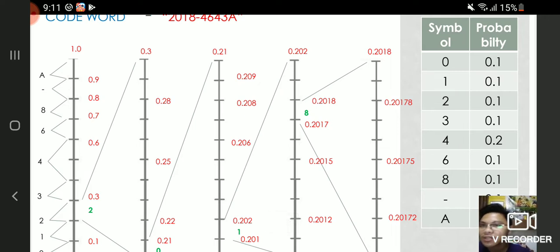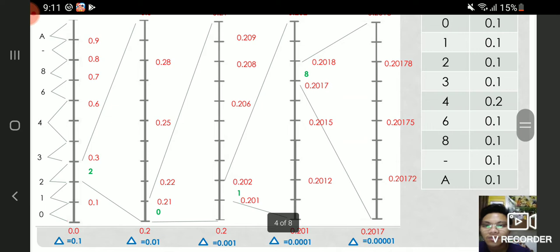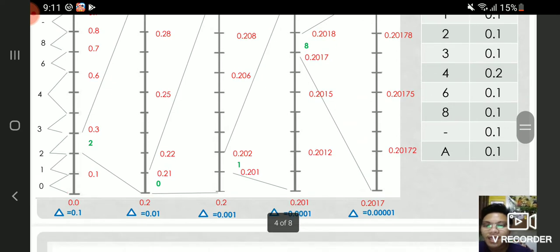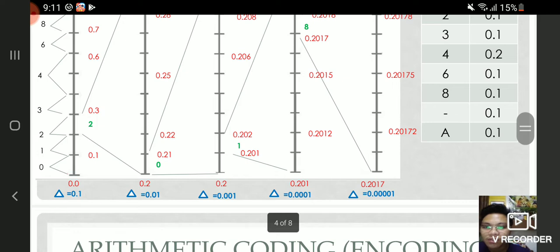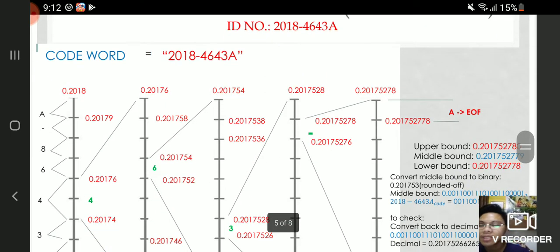Next is to get the probability graph of 8. The probability graph of 8 here is aligned between 0.218 and 0.217. Expanding it will become the upper bound and the lower bound in this graph. And we have the step value here is 0.0001. Next is to get the probability graph of 4.